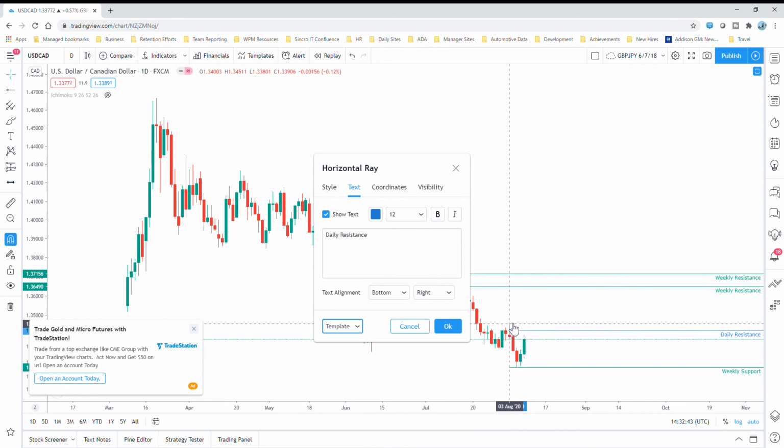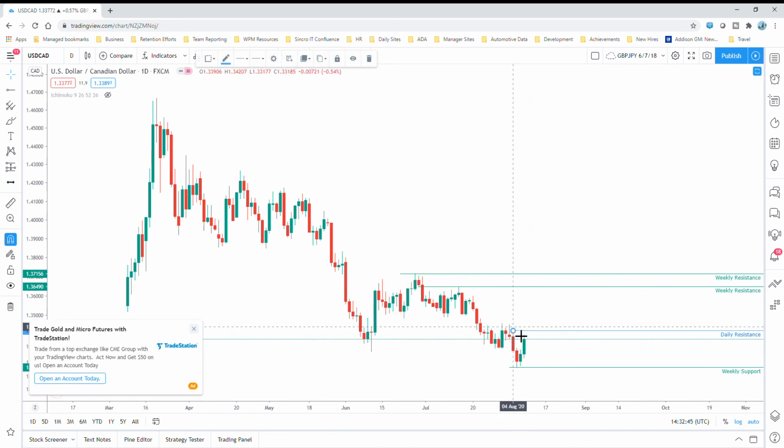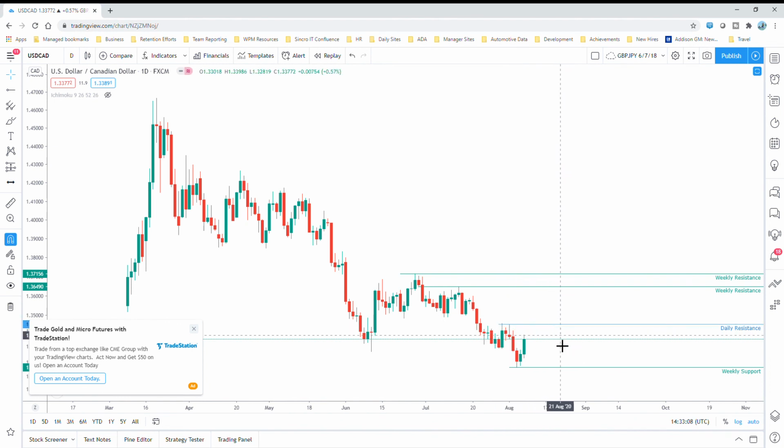From here to here, this resistance zone. So we'll watch that. What I'll do is move this up here. And you can create templates with rectangles, so those would be your zones. I don't do that, I may do that in the future, but just understanding that this is a zone, not a specific point.